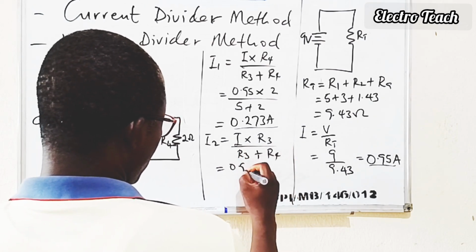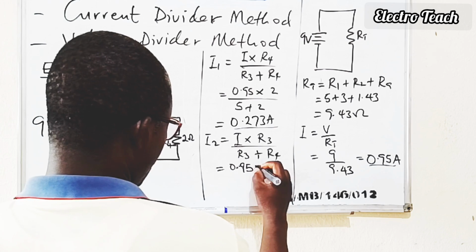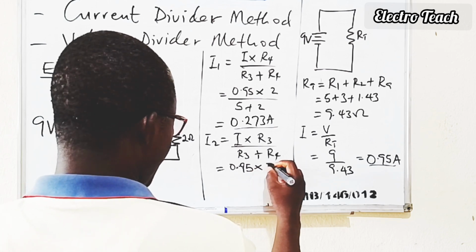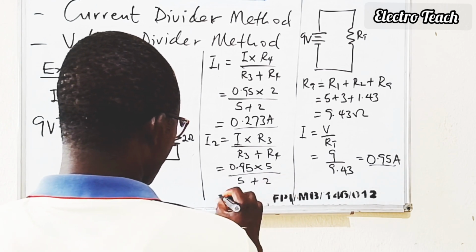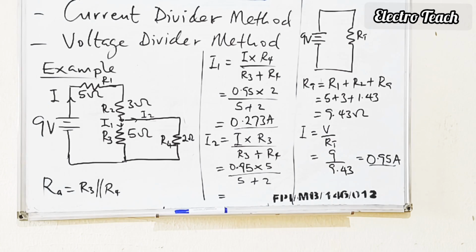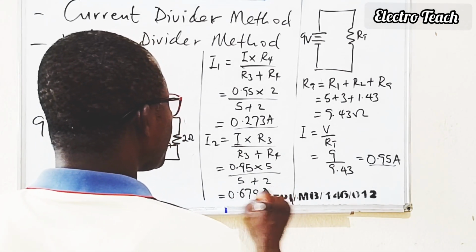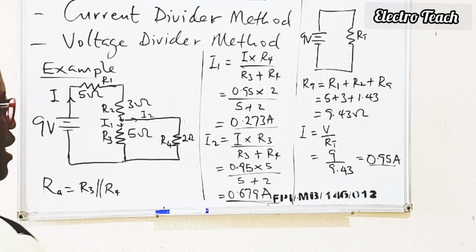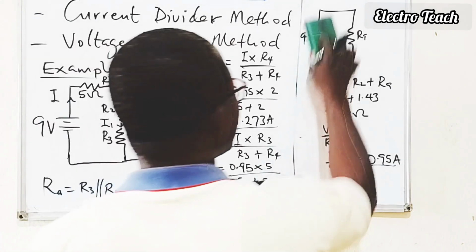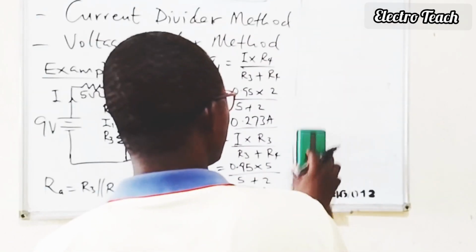That is 0.95 multiplied by 5 over 5 plus 2. And the answer is 0.679 ampere. That's the answer. All right, so we determined the current in those two branches.